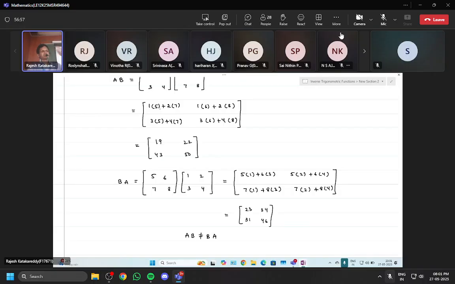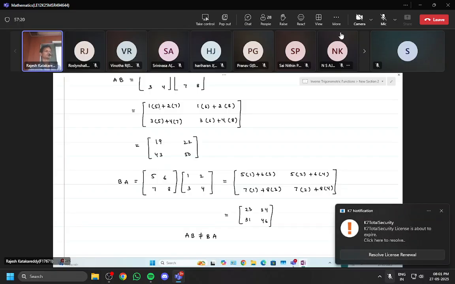So I have a problem for you guys. In real numbers, if I have x into y equal to x into z, I can cancel x on both sides. So I'm asking you, does the cancellation law hold for matrices? If I have A into B equal to A into C, can I write B equals C? In what situation is it no, in what situation is it yes?